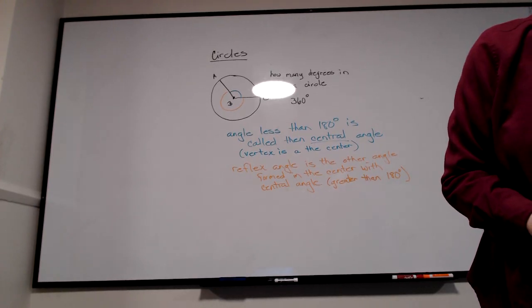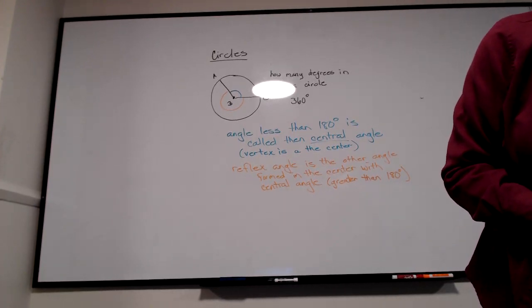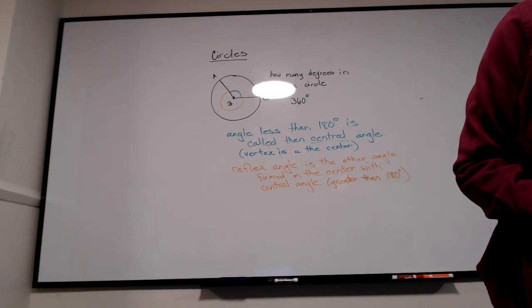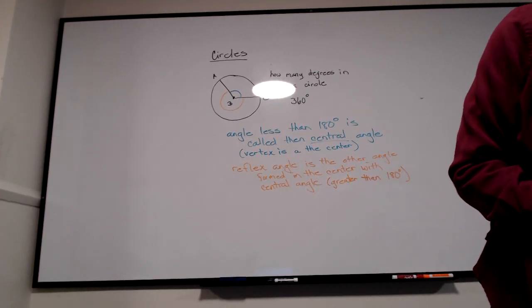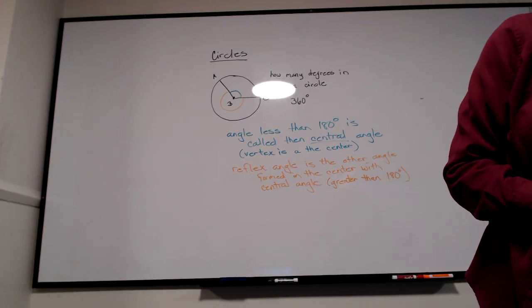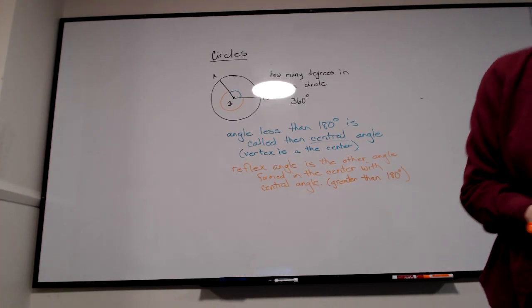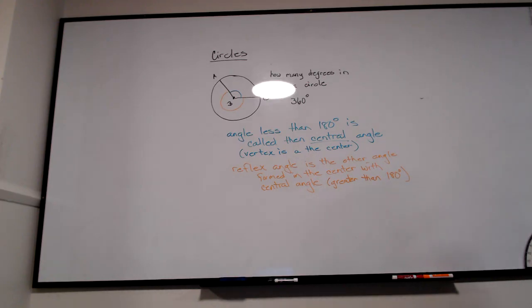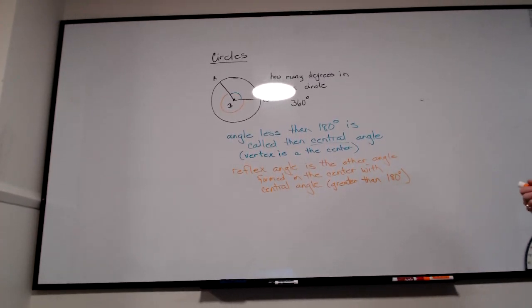Now, I'm in the wrong section. Oh yeah, arcs. So basically instead of an angle, we also have arcs. An arc is formed basically by an angle.